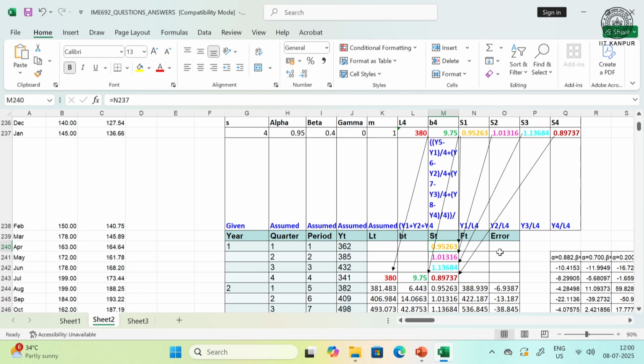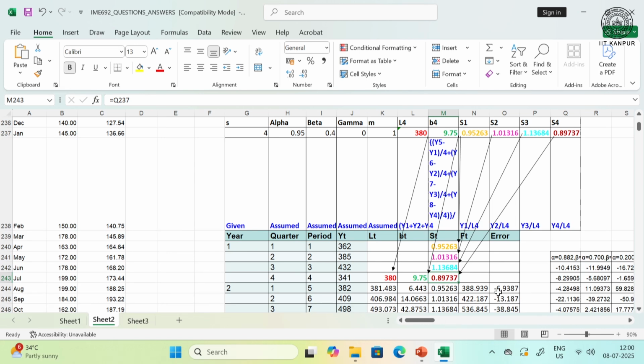And these values come for that time period which are marked in the column M, which is basically ST. So, here they come, the colors have been given there, the arrows also are there. So, 0.95 comes here, 1.10 comes here, which is pink in color, 1.13 is basically light sea blue in color, and 0.89 is about brown in color.